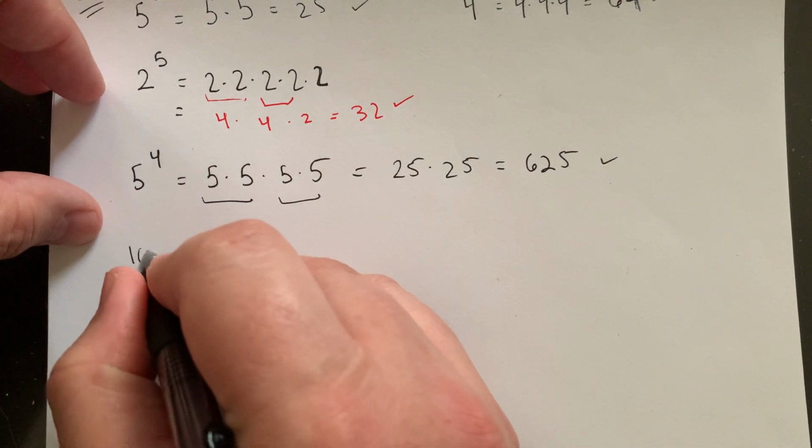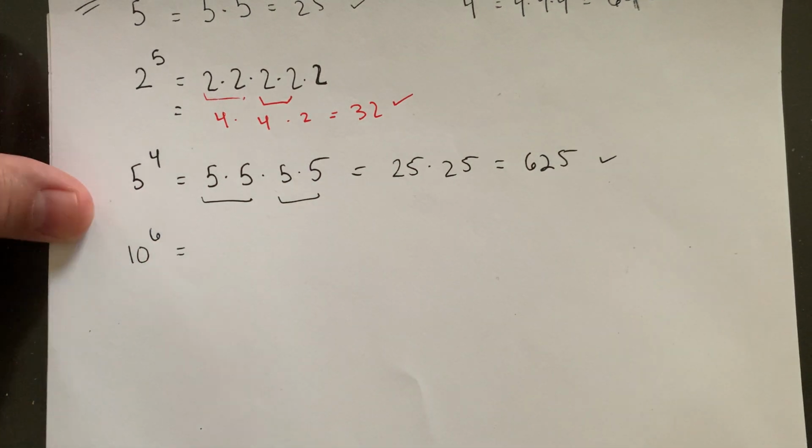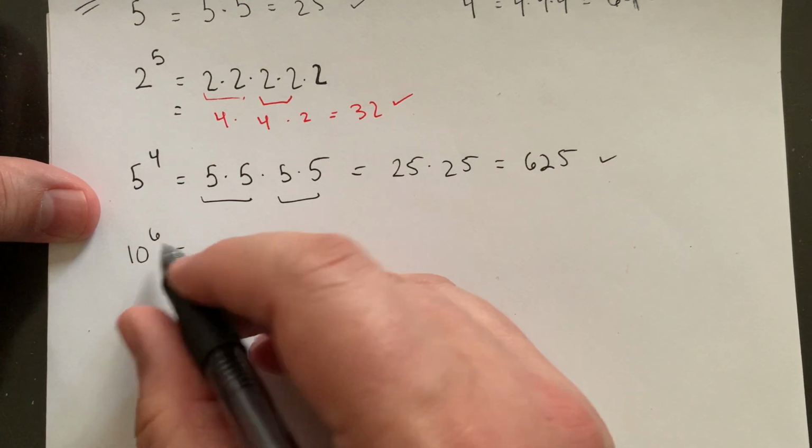Something that you can do for bigger powers would be powers of 10. Something like 10 to the 6. Every time you multiply by 10, what happens is you're going to get another 0, right? So like 10 to the 2 is 100, 10 to the 3 is 1,000, 10 to the 4 is 10,000. So all of those are a 1 with however many zeros.